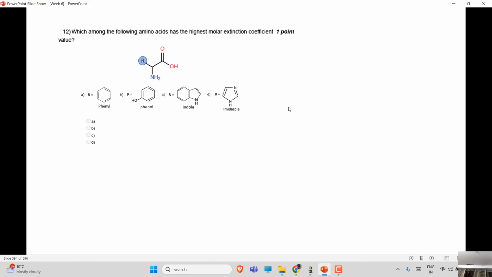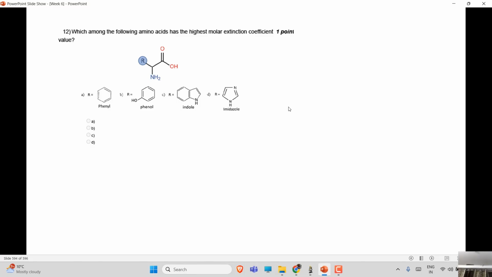The result is very strong absorbance. Then we come to histidine, with an imidazole side chain, a 5-membered aromatic ring with 6 pi electrons. Conjugation is smaller compared to indole. The pi to pi star transitions are weak at 280 nanometer. The result is epsilon less than 100 per mole per centimeter, negligible absorbance.